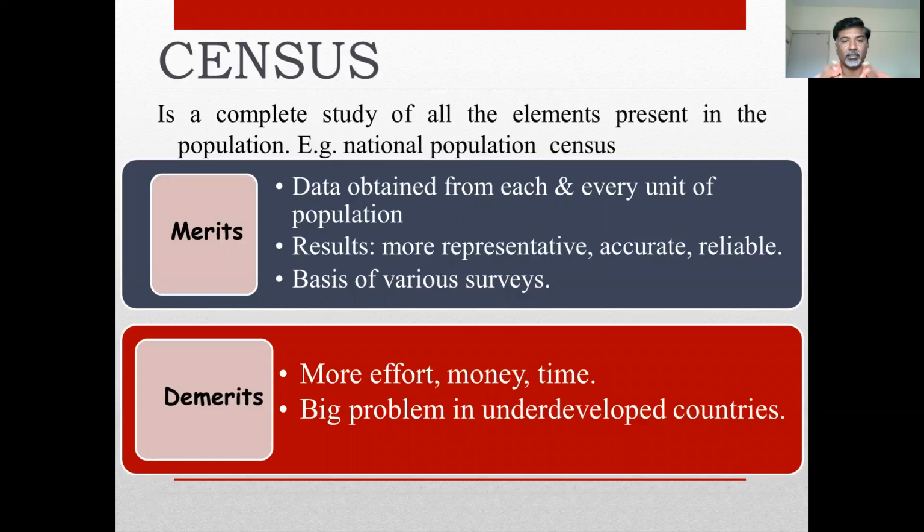But if the size of the total population is very high, then it takes more effort, more money, and more time. It is very difficult if the total population size is very big. So a census survey is a survey in which we take into consideration all members of the population.